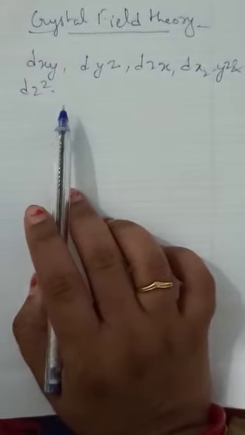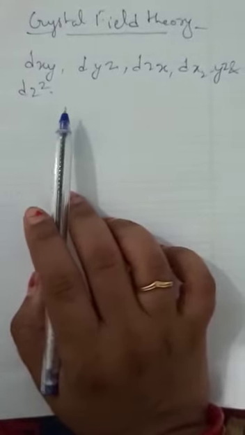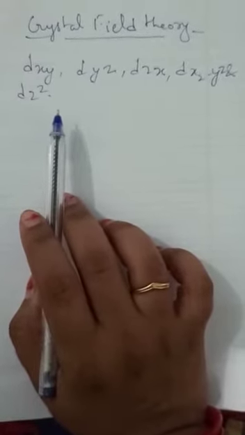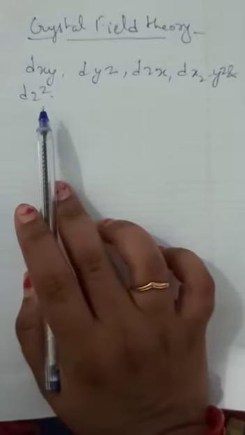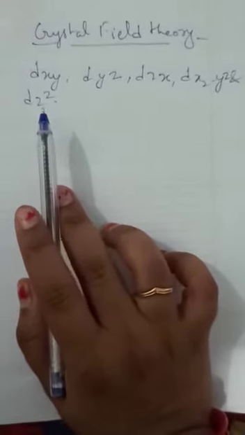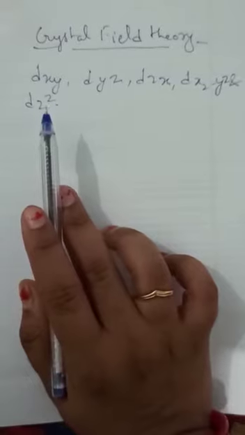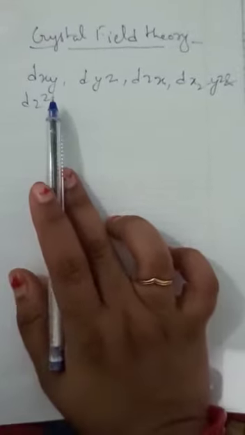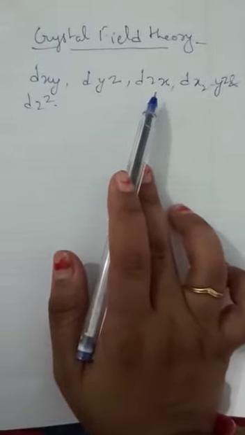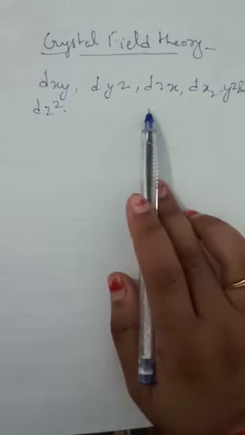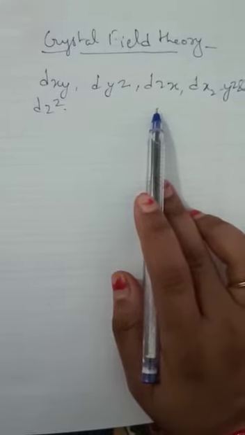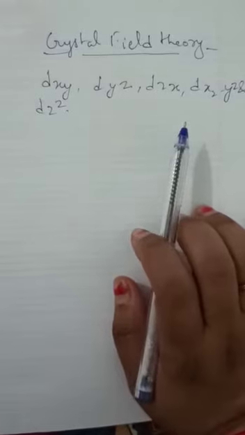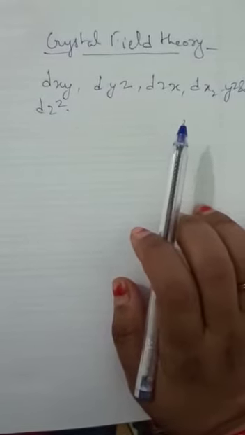They point along the axis of the ligand and experience more repulsion, due to which they gain more energy. So they move to a higher level because of more repulsion, and the dxy, dyz, and dzx orbitals, which are between the axes, are lowered in energy because they feel lesser repulsion.